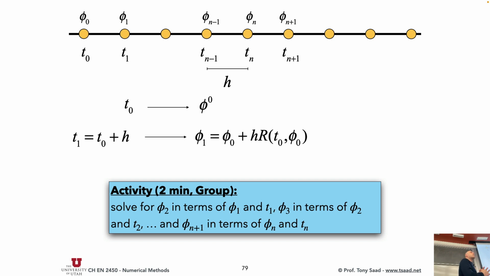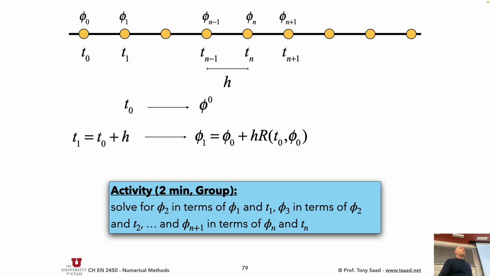Okay, so what is φ1? Anyone has φ1? Ethan? No. Oh, sorry, φ2. φ2, that's right. φ0 plus h r(t0, φ0) all squared. Okay, so no, in terms of φ1. So we're building this one step at a time, right?